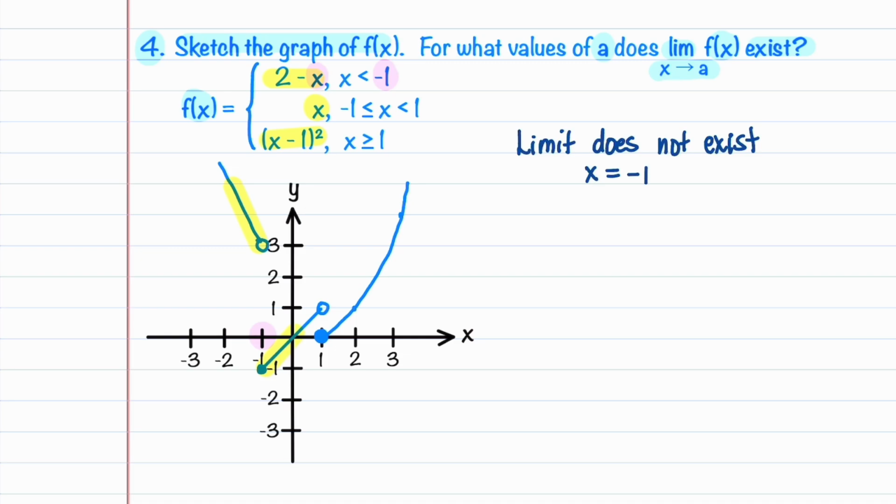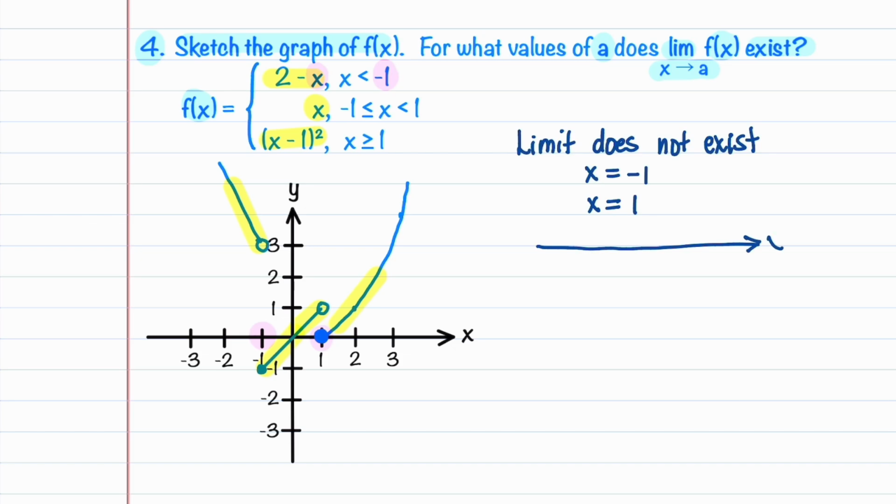Let's now look at what happens when x is equal to 1. Can you see that the limit from the right does not equal the limit from the left? So we can say that our limit does not exist at x is equal to +1. To find out then where the limit does exist, I think it helps to go ahead and just draw a quick graph.